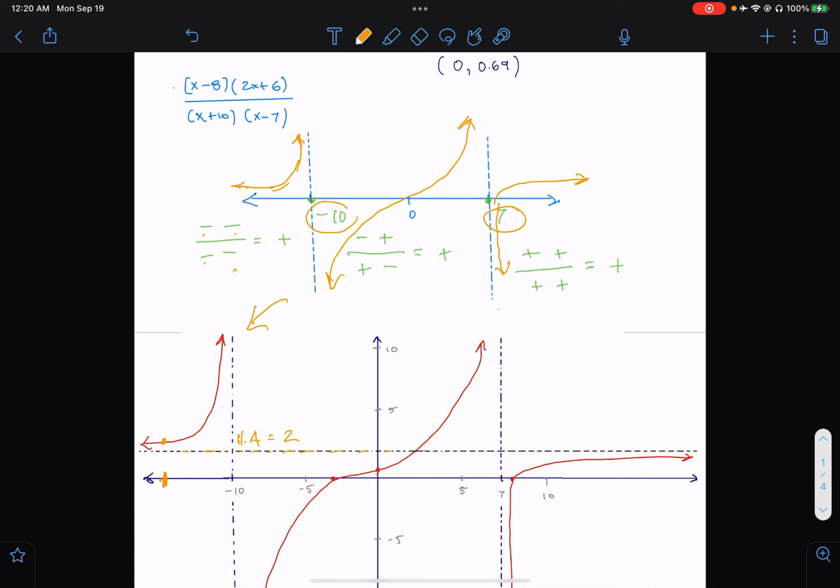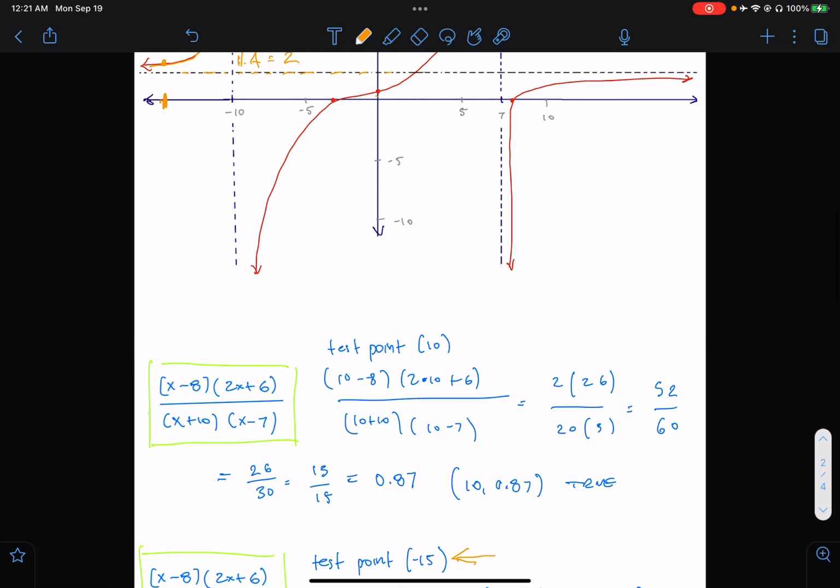So 5 is greater than 2, so it shows that my plots are in the proper spot and that they are in their proper boundaries regarding both the horizontal and vertical asymptote.